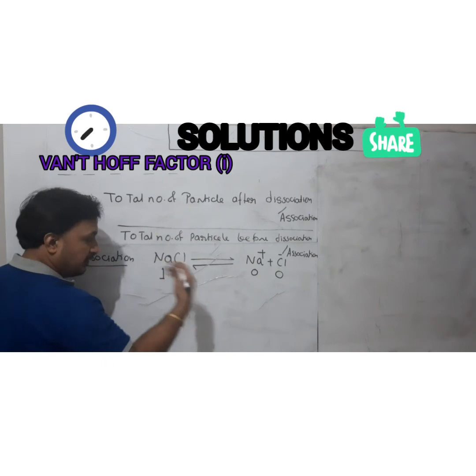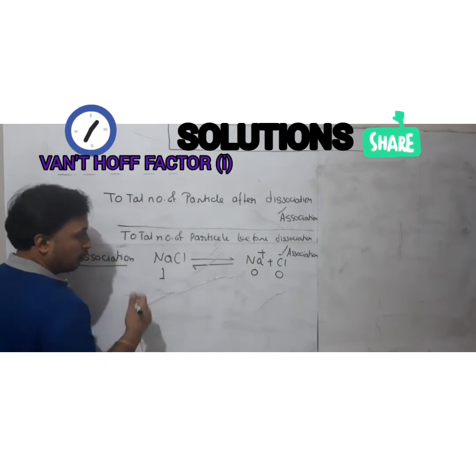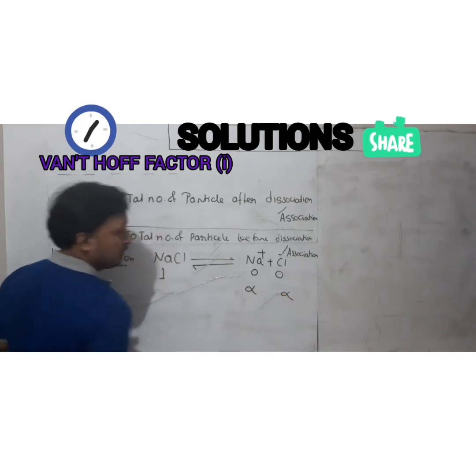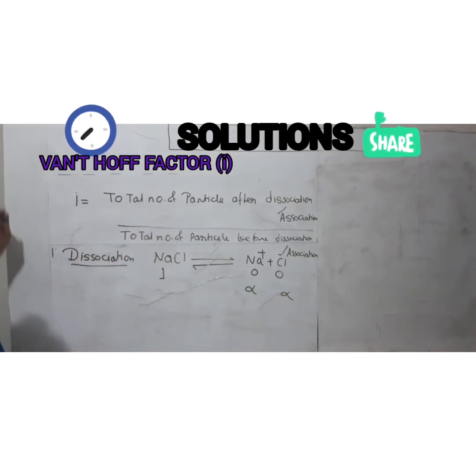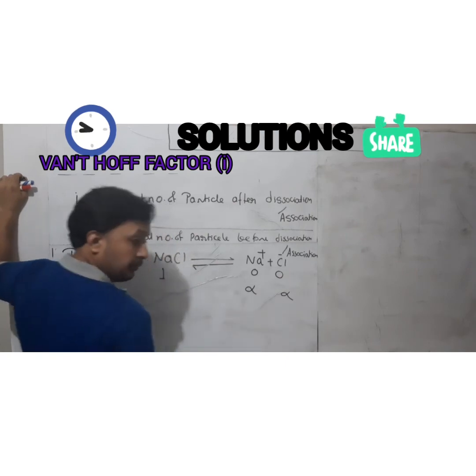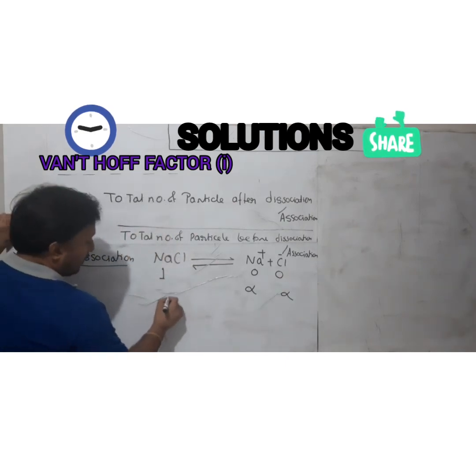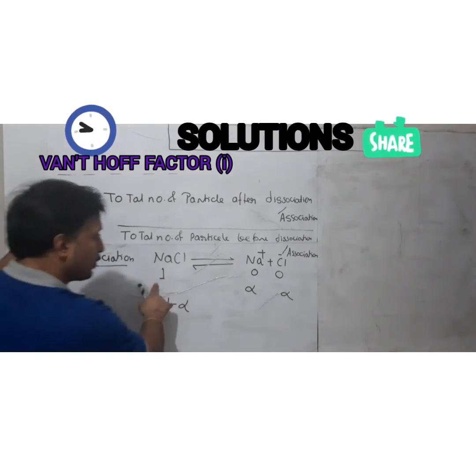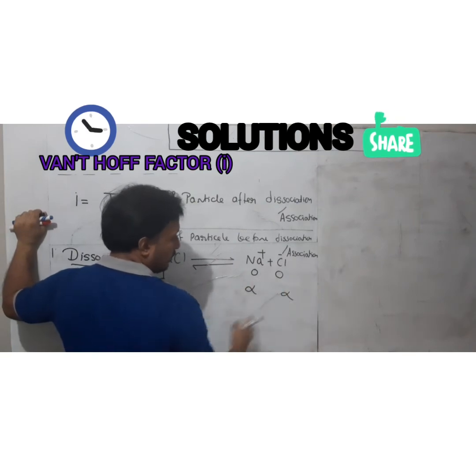But once the equilibrium is established, suppose alpha are the molecules which get dissociated. This you have done before also, in chemical kinetics. So if you remember that, suppose alpha are the molecules which are getting dissociated. So it means 1 minus alpha molecules are going to be left from NaCl, because 1 is the total in the beginning and no particle had dissociated at that time.